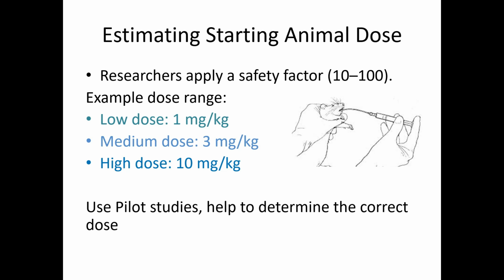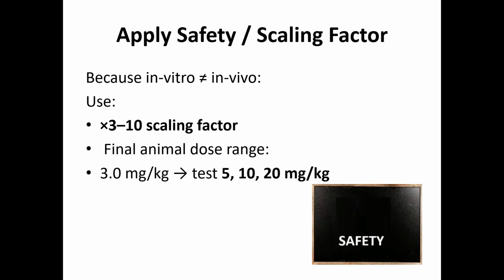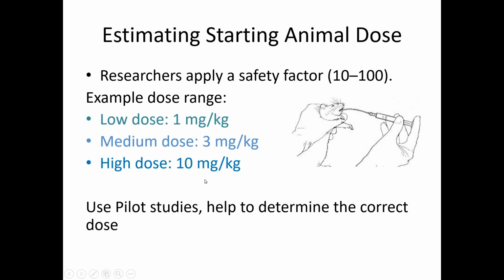So high dose will be 10 mg per kg. Here we have seen the scaling factor 10, so we have scaled here a high dose of 10 mg per kg. A pilot study helps to determine the correct dose. So we will take 3 animals per group and do the pilot study, and from that we will easily see the effective concentration or the therapeutic dose.